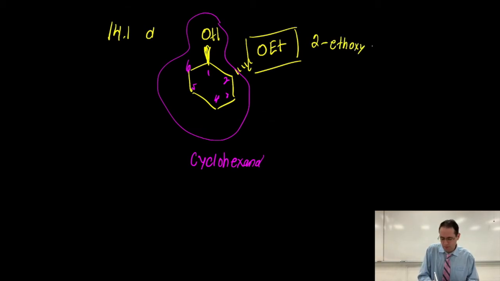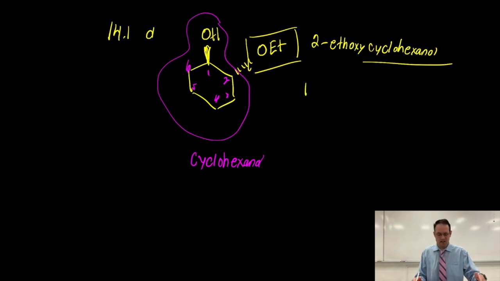This is going to be 2-ethoxy cyclohexanol, okay? And then you're going to have to specify all the different stereochemistry. It's going to be 1S or R, it's going to be 2S or R, and that's going to be all in the beginning of the name with some parentheses, and then it's going to be 2-ethoxy cyclohexanol, okay?